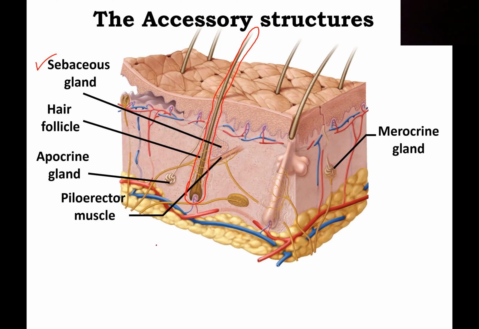The apocrine glands are not drawn correctly. They should be much bigger, but yes, they empty into the hair follicle. These are the special type of sweat glands that secrete sweat with pheromones.